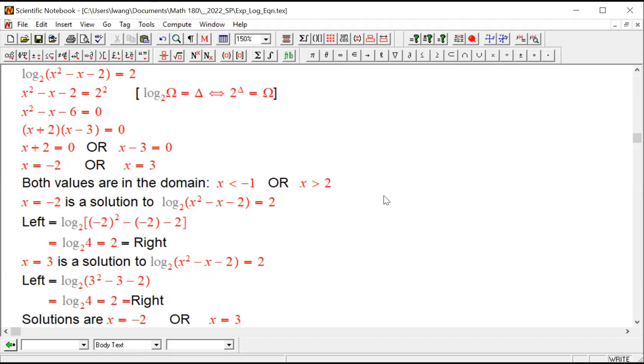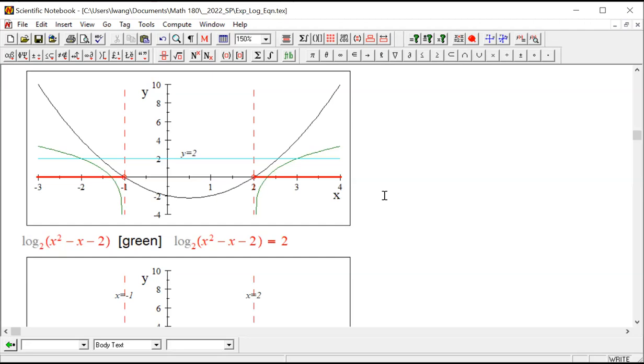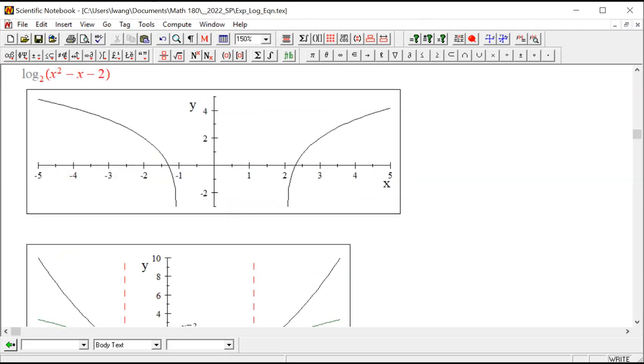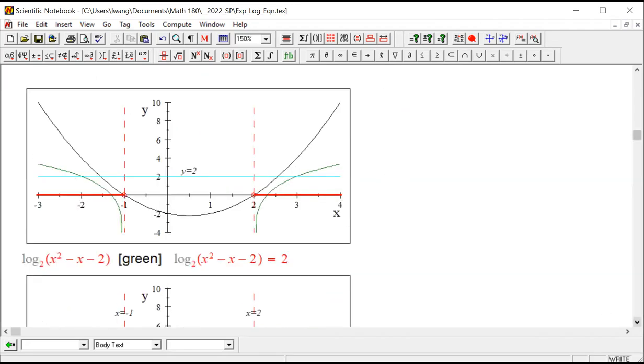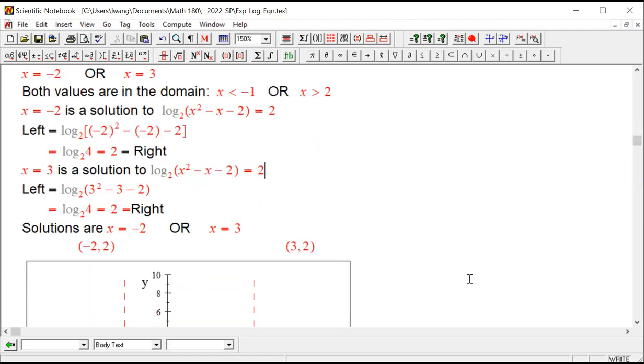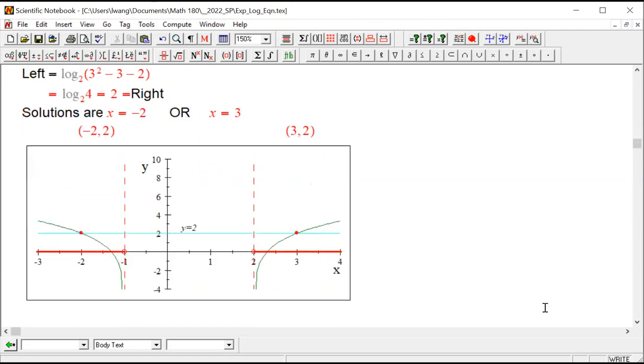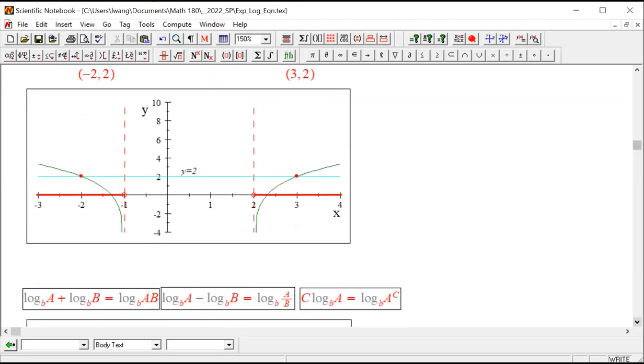However, we try to make this learning experience richer, so we introduced these graphs. These graphs are not difficult to find. When we found these solutions and want to see where they are in the graph, here it is. For the solution -2, the output is 2.